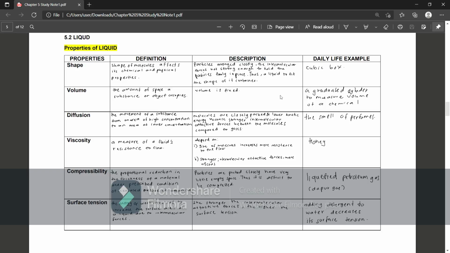The example is a cubic box. And then for volume, the amount of space a substance or object occupies. The description is volume is fixed. The example is a graduated cylinder to measure the volume of a chemical. Diffusion.